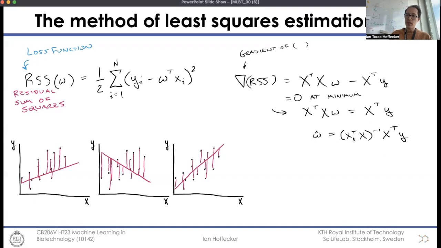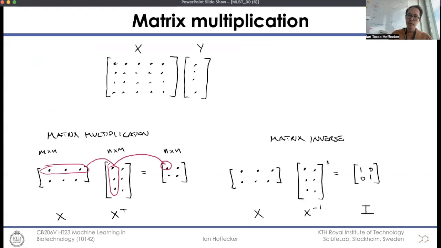It's the inverse of the transpose of the data matrix multiplied by the data matrix, and then that multiplied with the transpose of the data matrix, matrix multiplied with the output vector. And this, in fact, is a single analytical expression. So this can be solved without iteration, without experimentation. This can just be solved, and that will give you an optimal value for the set of weights.